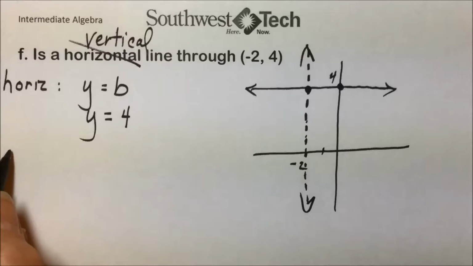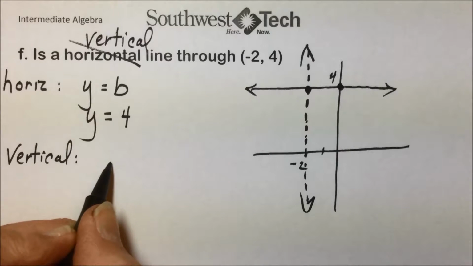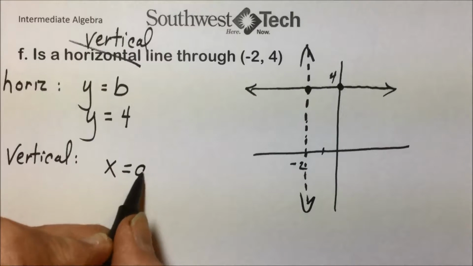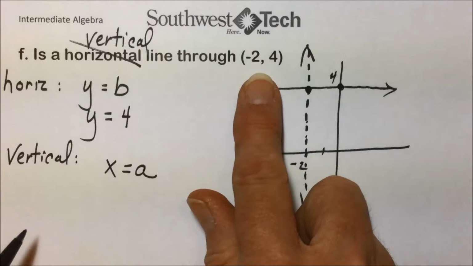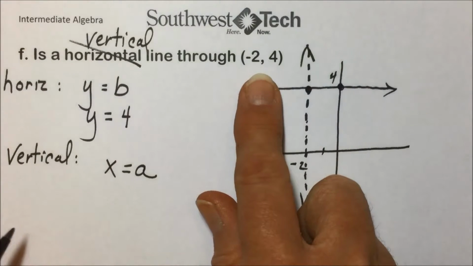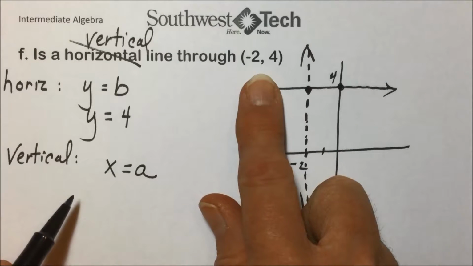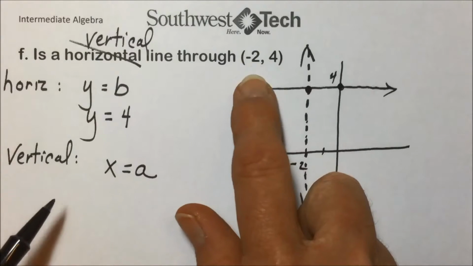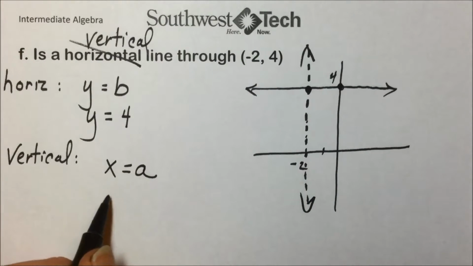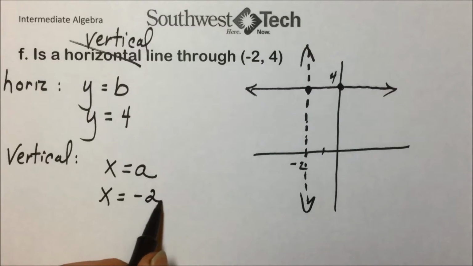An equation of a vertical line is of the standard form x is equal to a. In order for -2, 4 to be a solution of x equals a, we must have a equal to the x value. So x will equal -2.